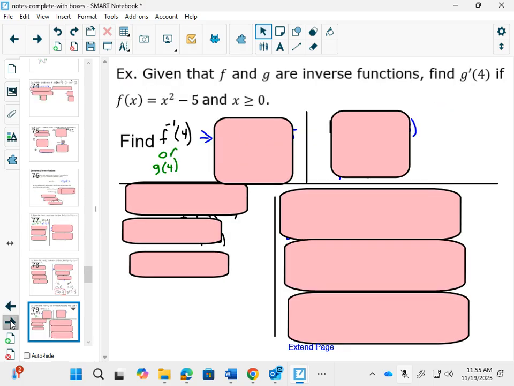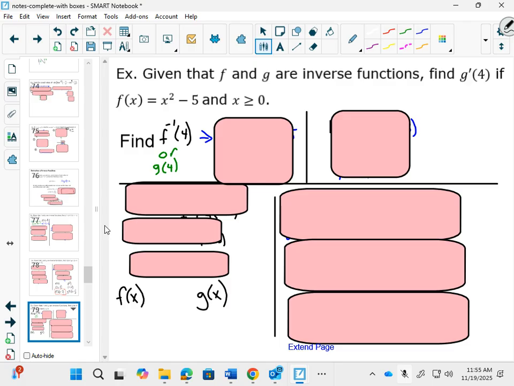F and g are inverse functions. Find g prime of 4 if f of x is x squared minus 5. So again, I'm not going to show you all of this. I'm going to say f of x and g of x. What did they give us?